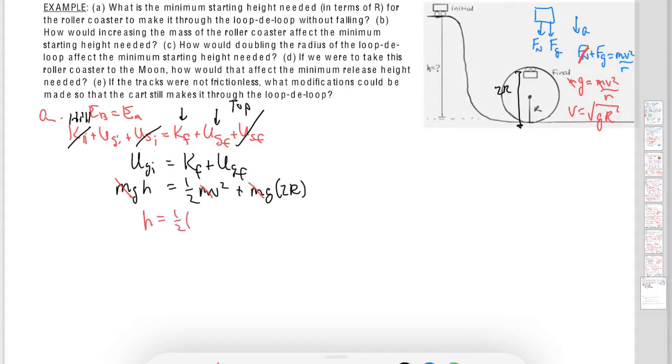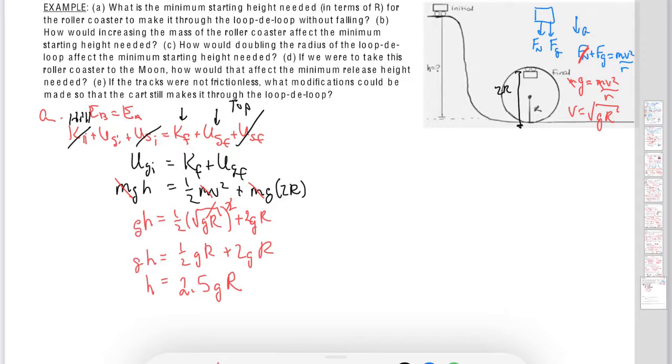So you got 1/2 times the square root of gr, plus 2gr, and that's going to be squared. And so if I square root, that goes away. So it's h equals 1/2 gr plus 2gr. Oh, sorry.